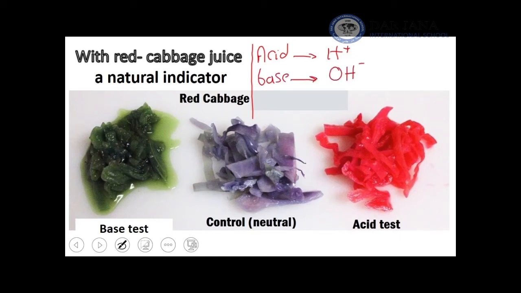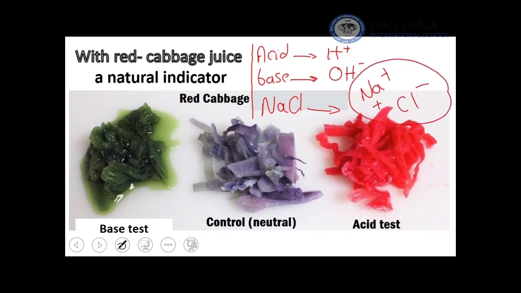But if we have a neutral solution, either we get neither hydrogen nor hydroxide ions, or we get both but at the same rate. So like NaCl, if you dissolve it in water, it will give sodium ions plus chloride ions. So neither of them is hydrogen or hydroxide. So this is why this substance is a neutral substance. Okay?